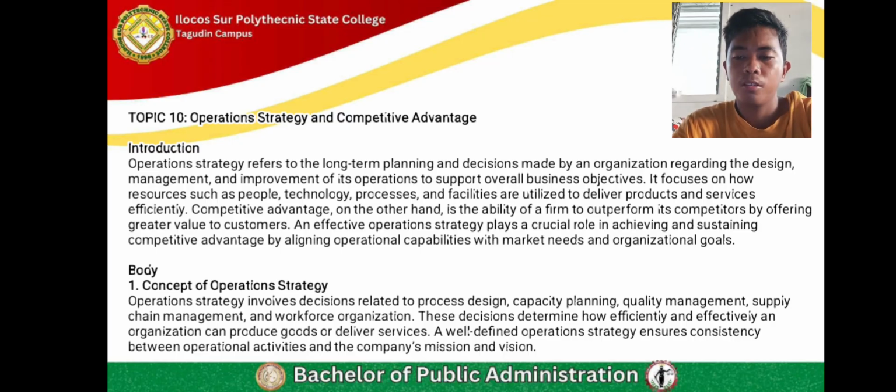objectives. Competitive advantage refers to a company's ability to perform better than its competitors. A company gains competitive advantage when it provides greater value to customers, either by offering lower prices or by delivering better quality, faster service, or unique products.